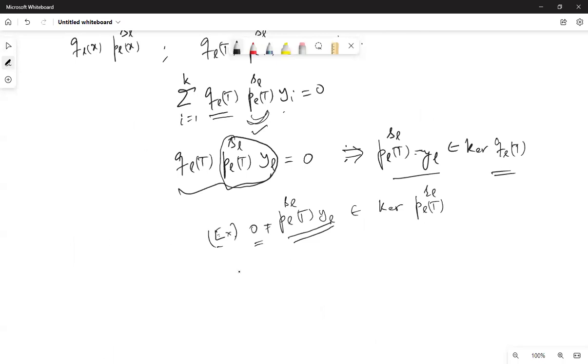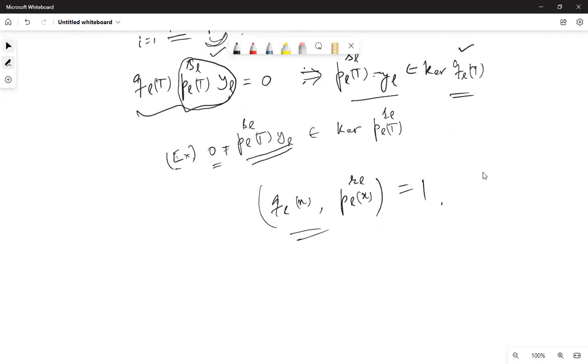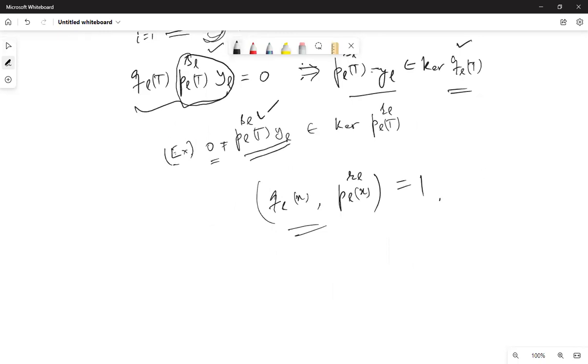If this is so, then this belongs to the kernel of both QLX and PLX raised to the power RLX, GCD of this is 1. Then this would lead to 0, that is, PLT raised to the power SL YL is 0, which is contradicting the fact.